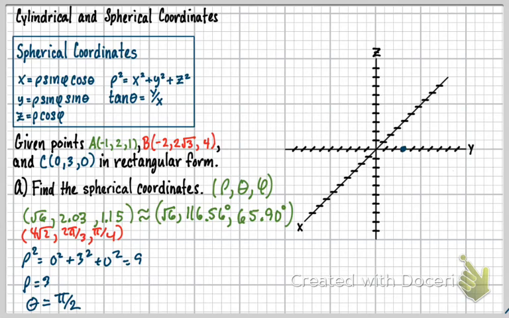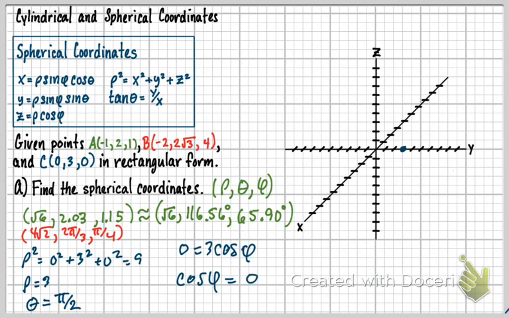And furthermore, for my phi, we can plug that in. My z, I'm going to use this formula here. My z is going to be 0. So that's going to be 0 equals, and my rho is 3, and then my cosine phi, oops, not theta. When I divide by 3, I'm going to get cosine of phi equals 0.